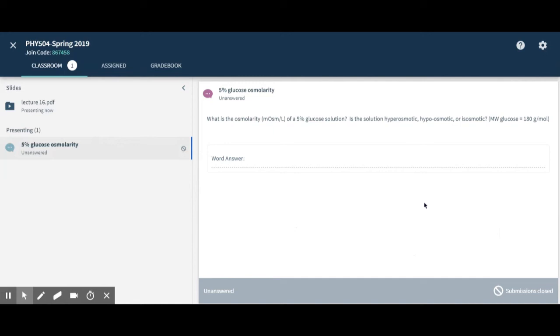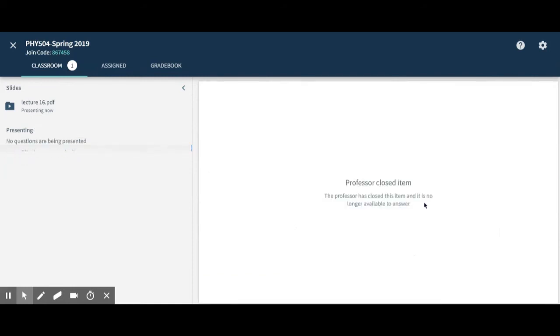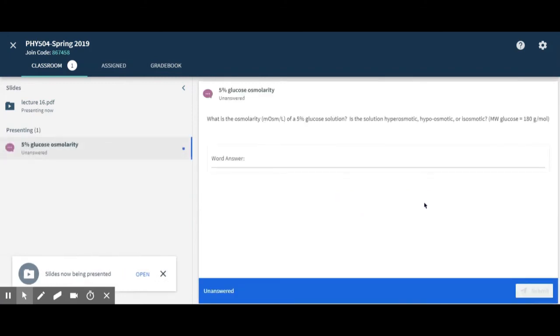50. So if you have 50, because we want to eventually calculate milliosmoles per liter. Okay. So if we want to calculate, we have 50 grams per liter. For our grams per mole, for our molecular weight of glucose, what do we do with that?